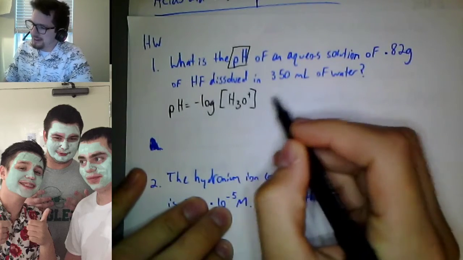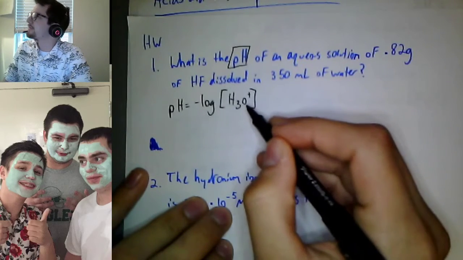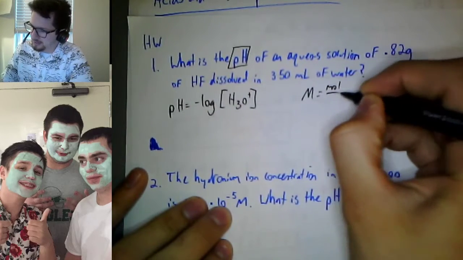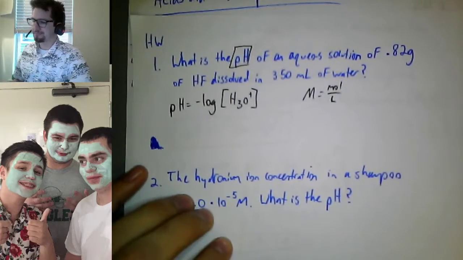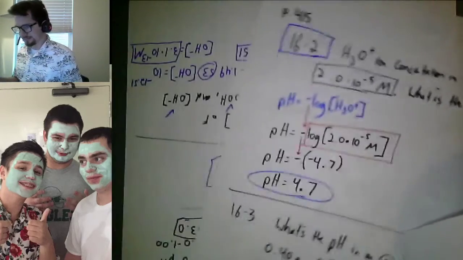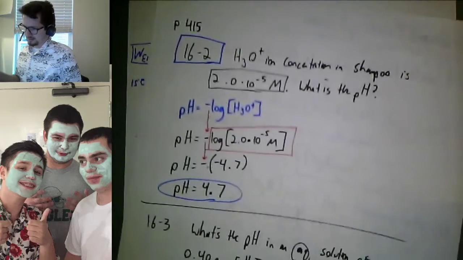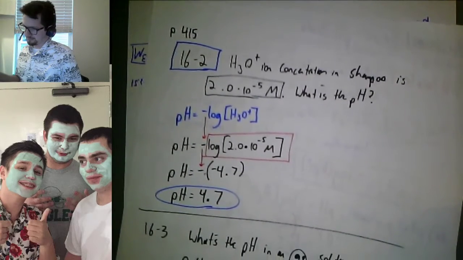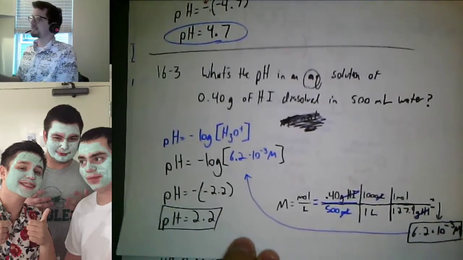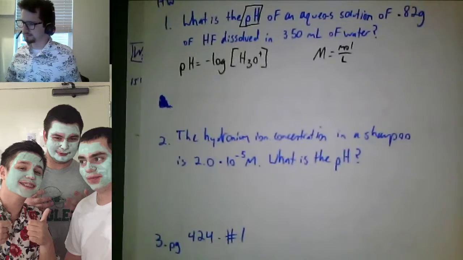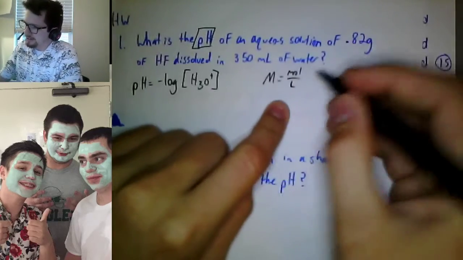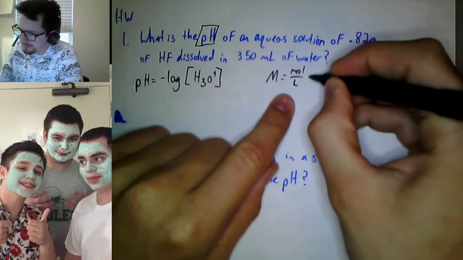But the problem is, do we have a concentration listed here? The concentration is supposed to be in capital M. We don't have concentration. So basing this off the problem we did in class, which was 16-3, we don't have M yet, so we're going to have to plug in our numbers into the moles over liters problem.